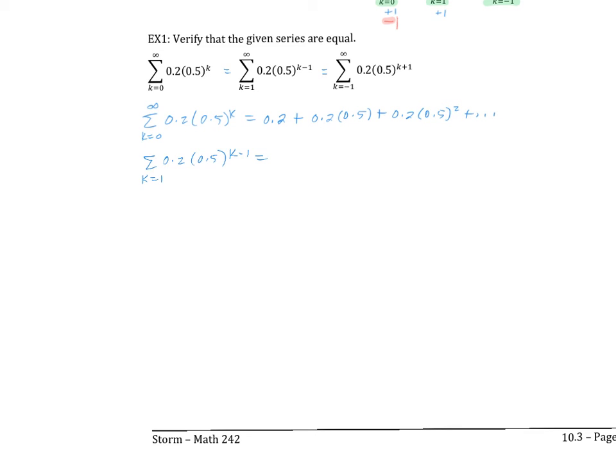When k equals 1, this is 0.5 to the 0 power, which is 1, and we get the same first term. If k equals 2, this is 0.5 to the 1 power, so it's still 0.2 times 0.5. And then when k equals 3, this is 0.2 times 0.5 squared. They'll all be the same.